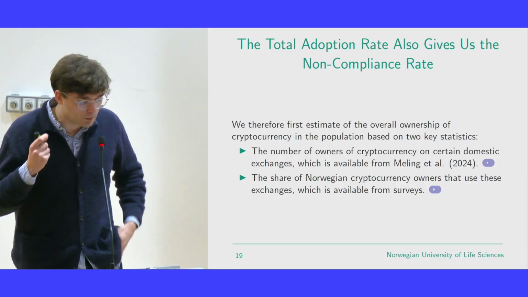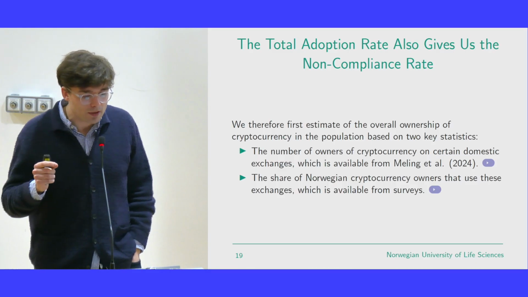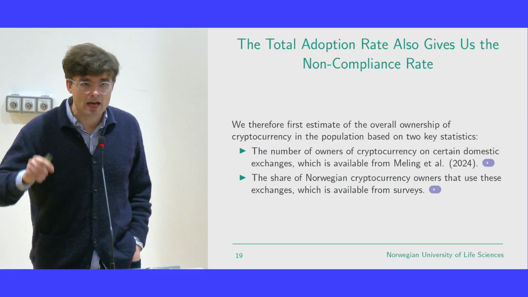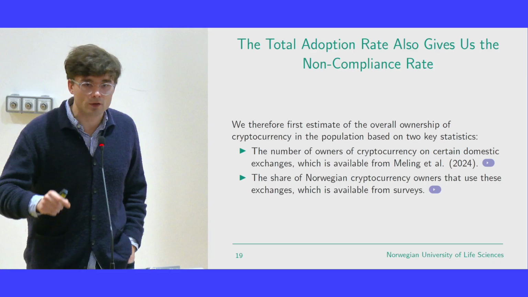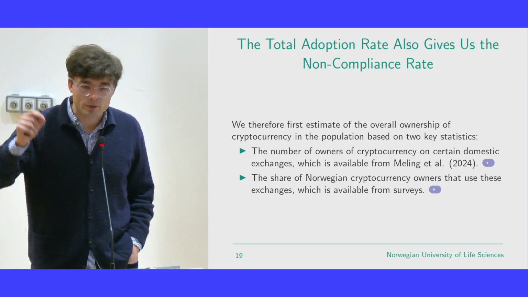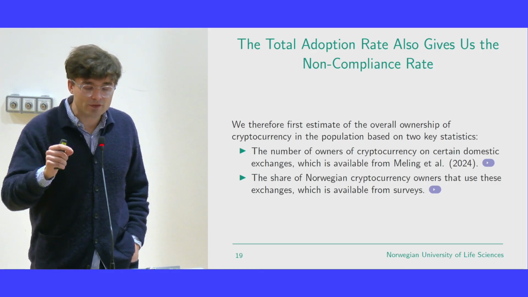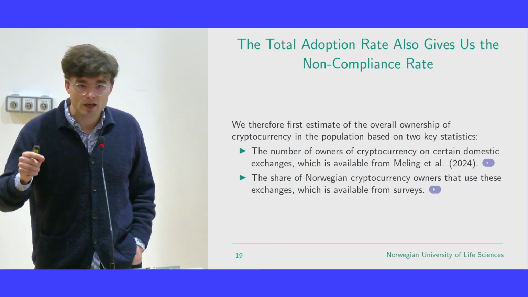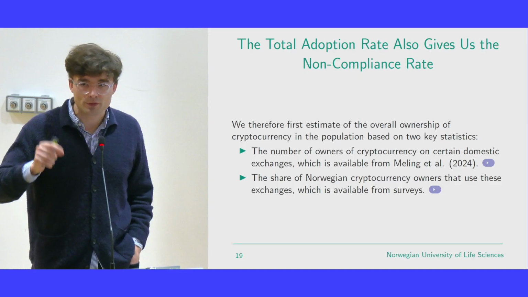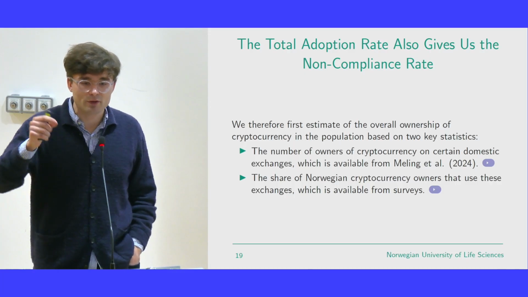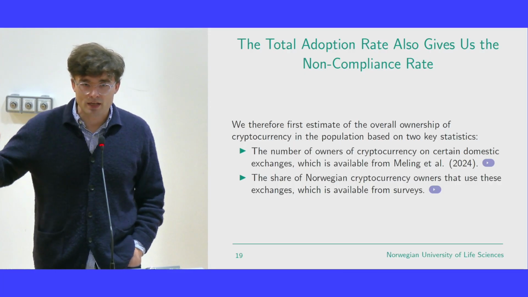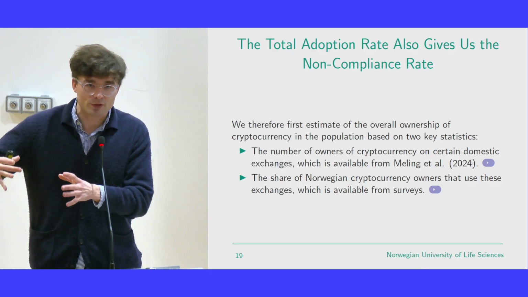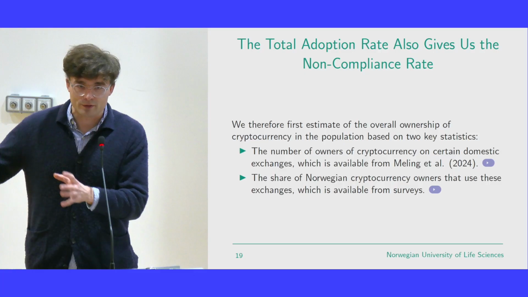What we can see from studies that have been done is that we really have a head count of how many Norwegians have invested in cryptocurrency on Norwegian platforms, because the Norwegian government received information from the biggest Norwegian platforms for cryptocurrency trading about every buyer and seller on these platforms, which means that we basically have the microdata on how many these are. So these are a part of the cryptocurrency owning population. We know how many they are from the microdata.